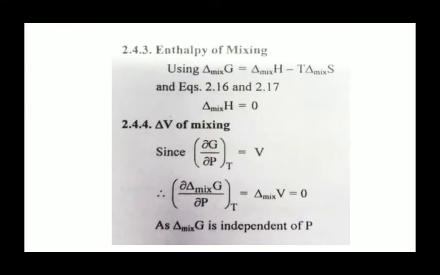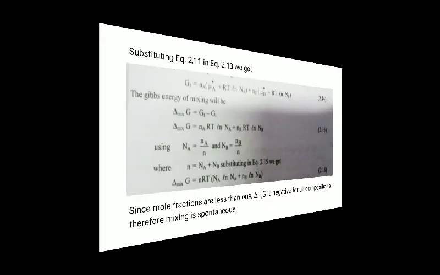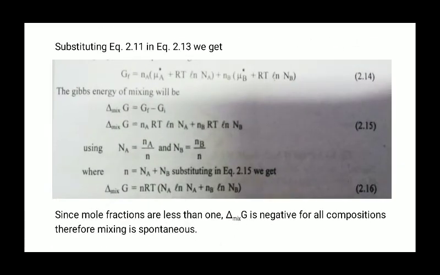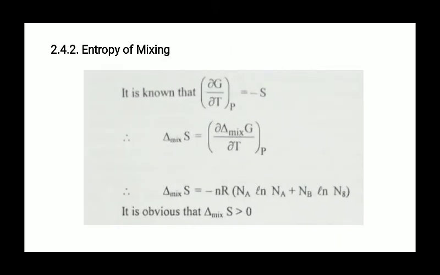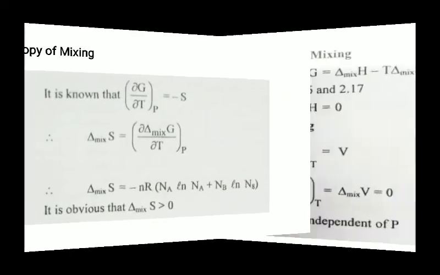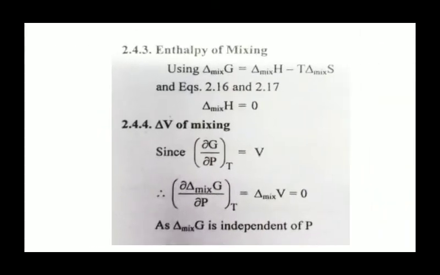Enthalpy of mixing. Using delta G is equal to delta H minus T delta S as per the definition of Gibbs free energy, and equations 2.15, 2.16 and 2.17, delta H mixing is equal to 0.